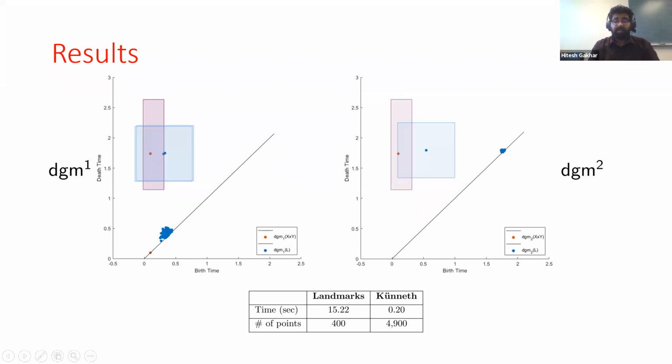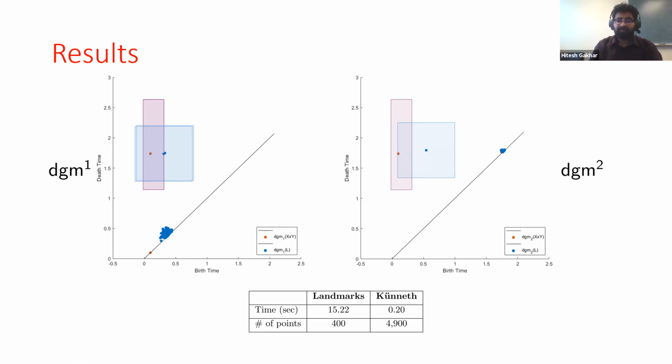But because the Rips computation happened at the level of circles in the Künneth strategy, the time was significantly less. It took about 15 seconds to run the persistence algorithm for the landmark strategy, and for the Künneth strategy, it basically took no time at all. So our Künneth strategy for this example works far better in terms of computational time.